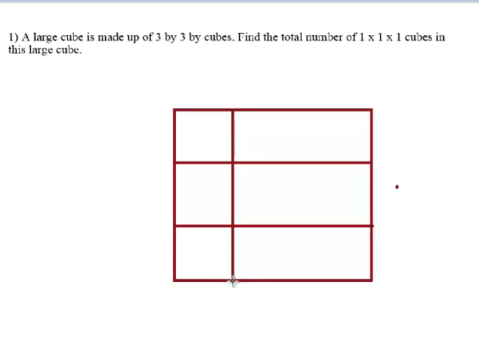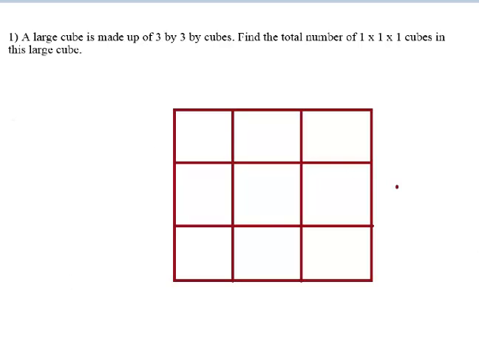This is not a very good drawing because they're kind of lopsided, but let's assume that they were all equal. If you drew something like this, you would see right away that it takes 9 small squares to make a 3 by 3, because this is two-dimensional. Two-dimensional is you square the amount. If you have 3 on this side, 3 on that side, the total is 9.